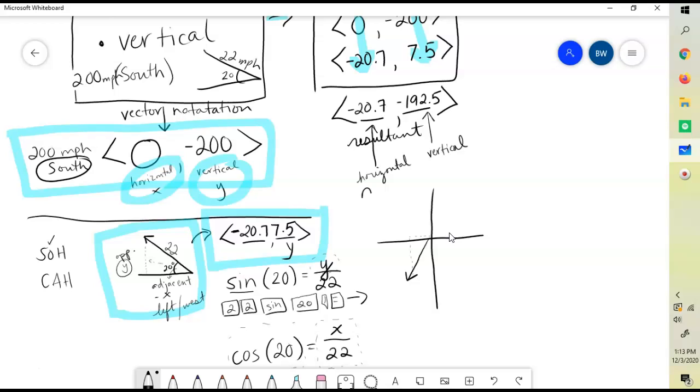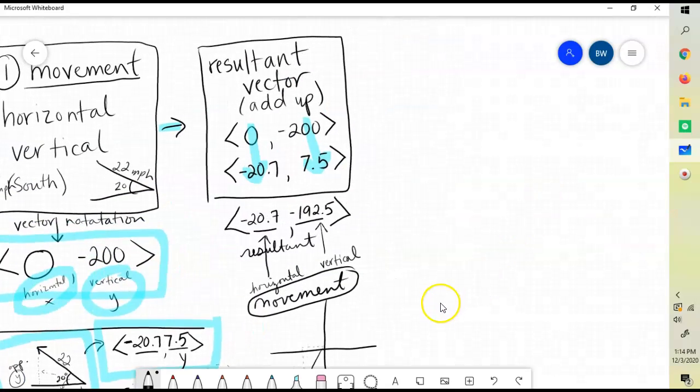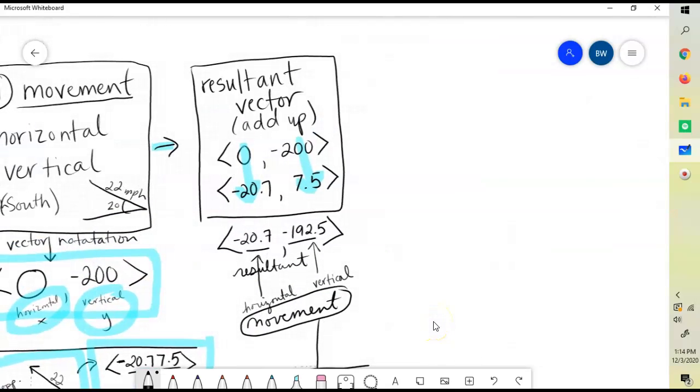Now again, this is describing movement. That's good. That's what we need in order to get the next components, but we're not quite done with what we need to do. So that was the second step. We were finding the resultant vector by adding up the two movements described in the word problem.